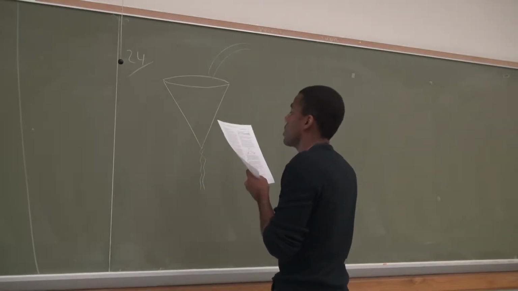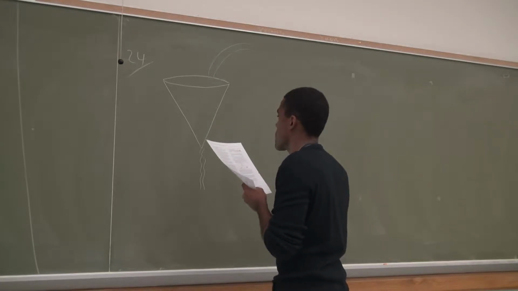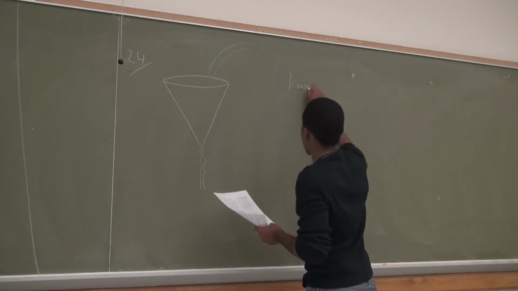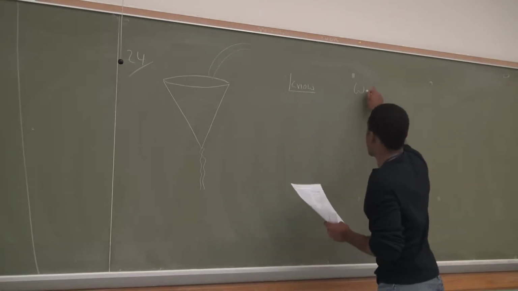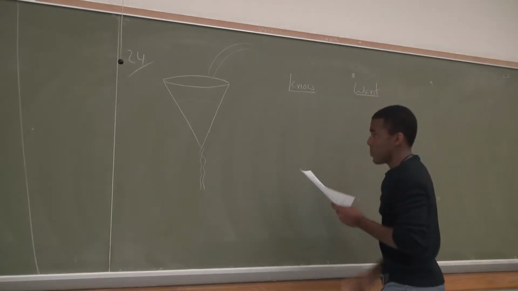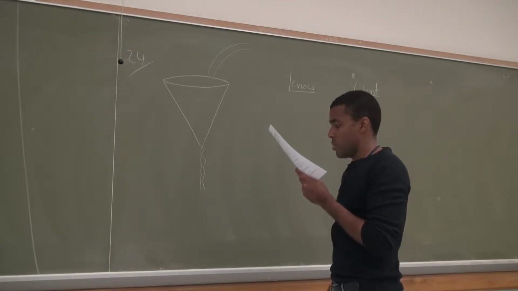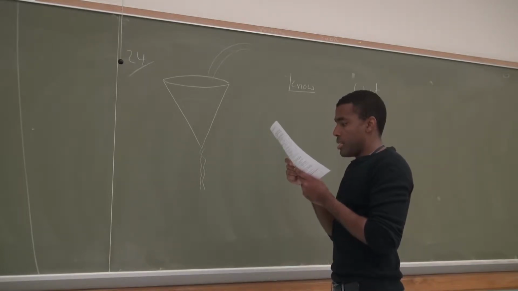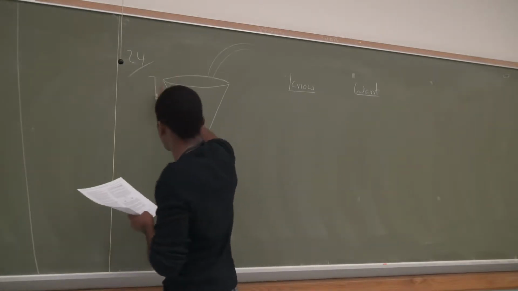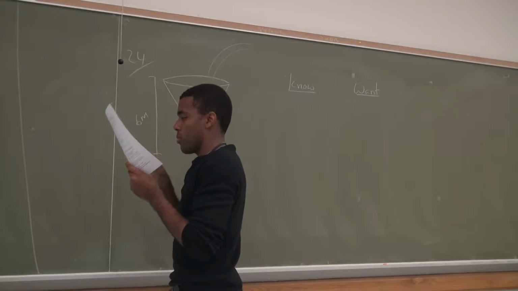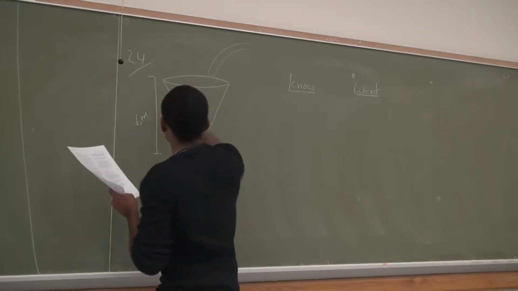Now what do we know? Total height 6 meters. The tank has a height of 6, so this is 6. Diameter is 4.